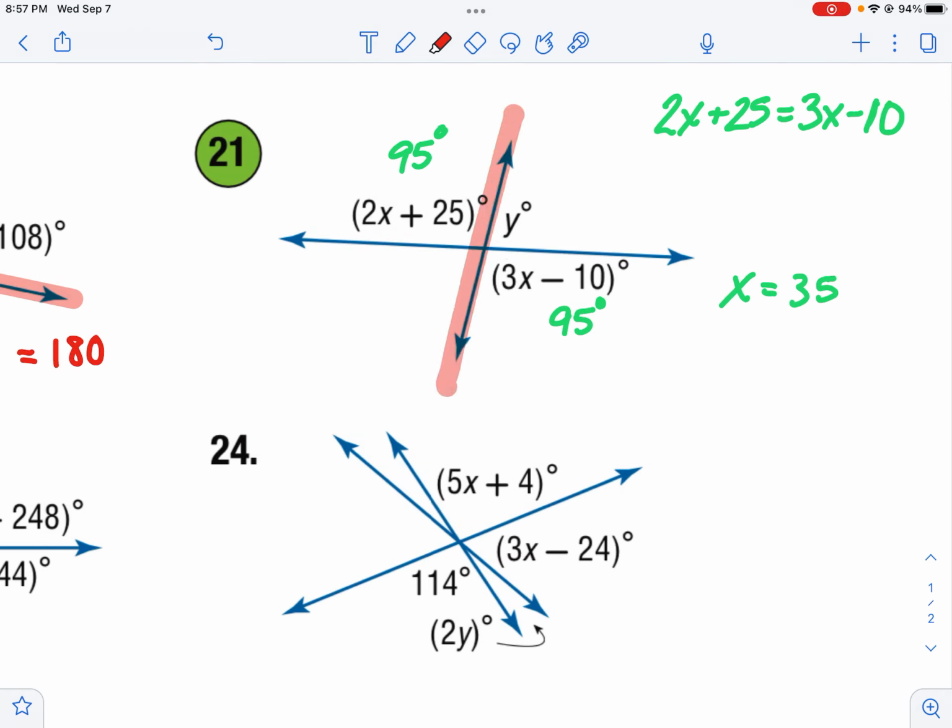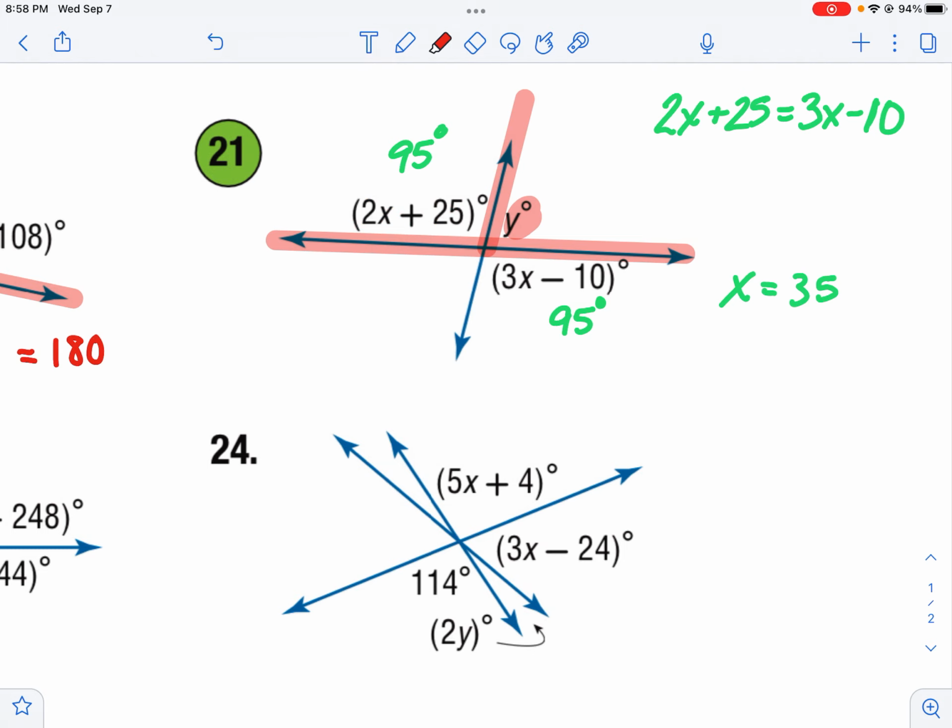I also have this linear pair, so there's a second linear pair that I could use to solve for y. Let's look at the first linear pair, which might be a little bit more immediately apparent to a student or a viewer. I have a linear pair here with y and with 2x plus 25.